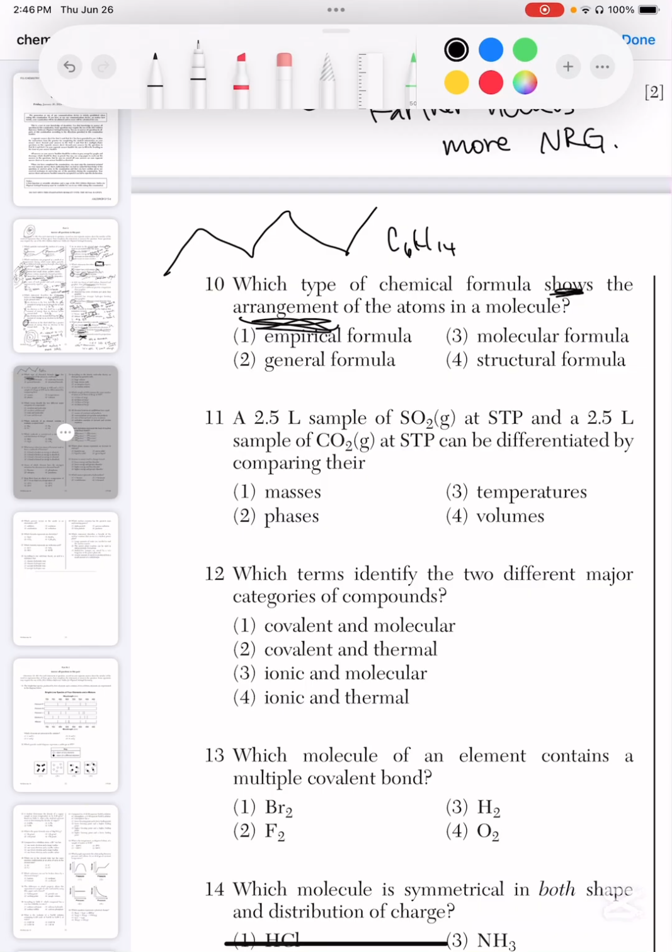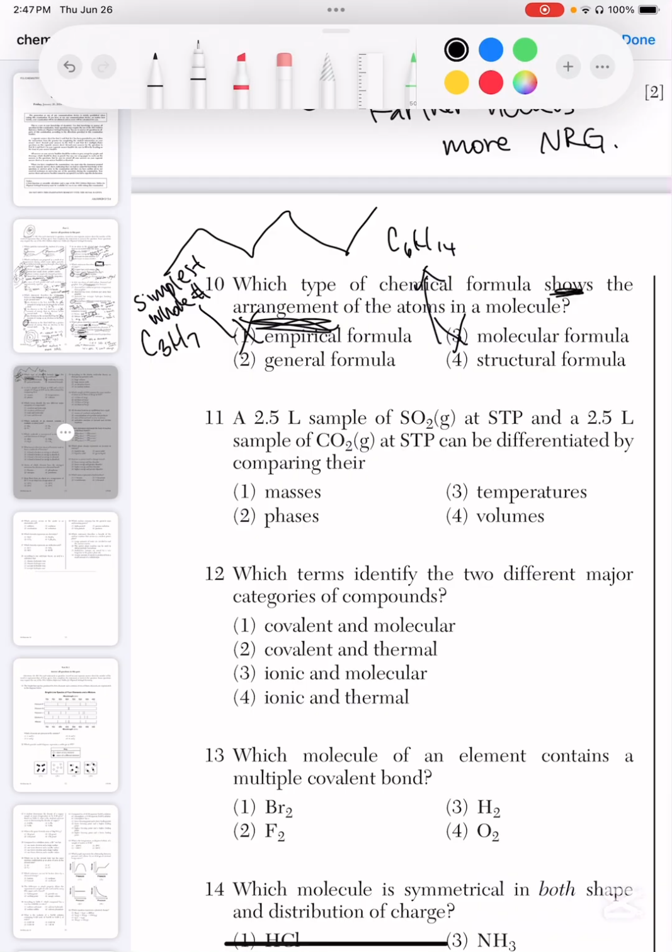So the empirical formula here would be the simplest whole number ratio, right? And that doesn't tell you anything about the structure. Then this is the molecular formula, which also doesn't tell you anything about the structure.